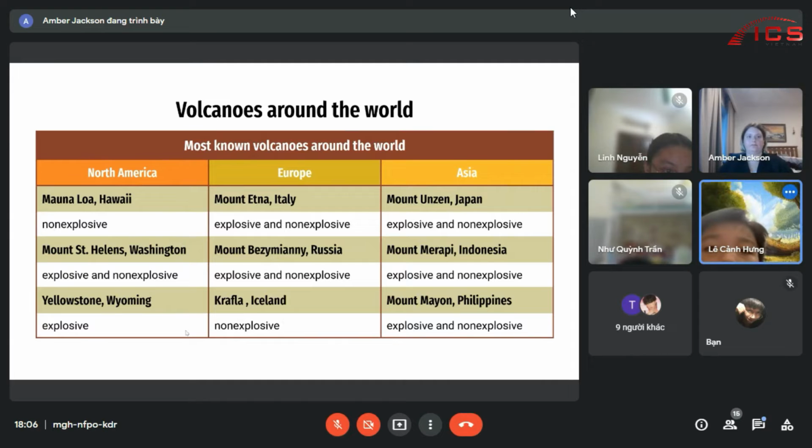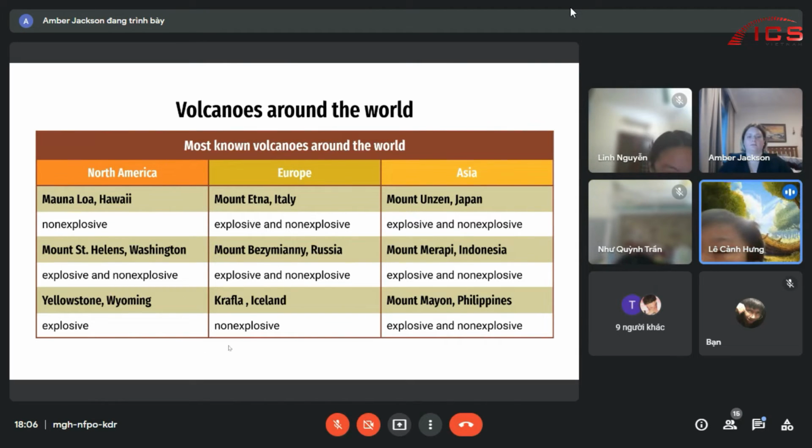Mauna Loa, Hawaii, non-explosive. Mount St. Helens, Washington, explosive and non-explosive. Yellowstone, Wyoming, explosive. Mount Etna, Italy, explosive and non-explosive. Mount Bezymianny, Russia, explosive and non-explosive.